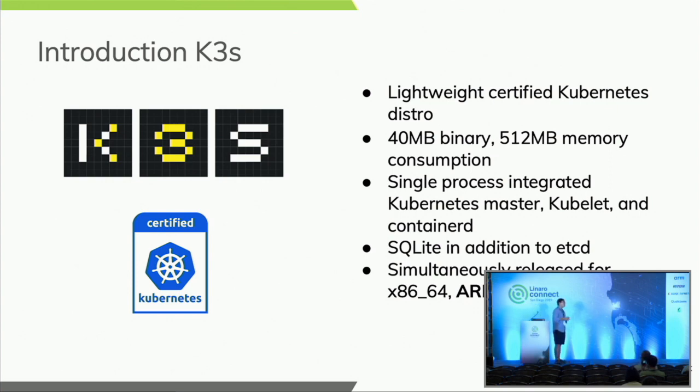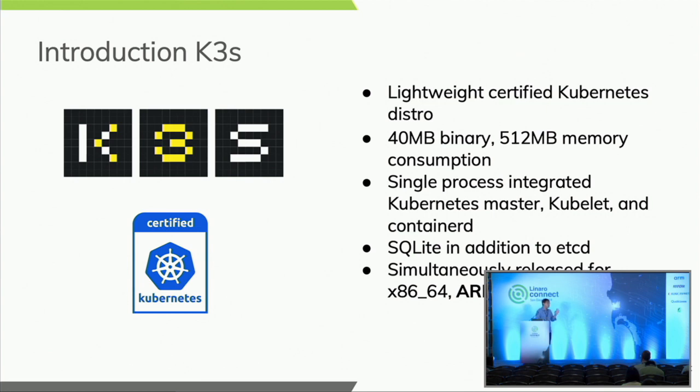Besides, all of K3s will be inside one binary, costing 40 MB, and the total running of K3s will just cost 512 MB of memory. So the one binary can run as one process, integrated with the Kubernetes API, kubelet, and containerd.